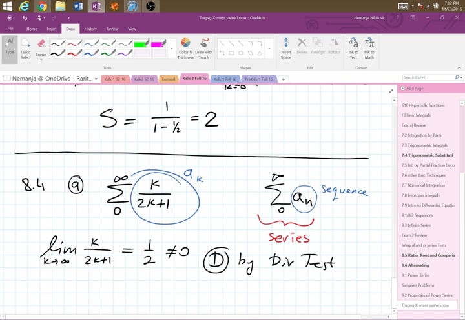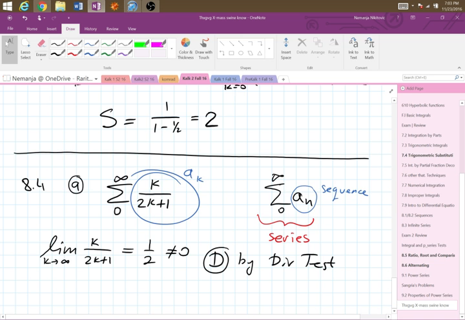So that test is to be tried first on every single series you see. You immediately look at the sequence within the series, and if it's not going to 0, the series is divergent immediately. This is the same idea as for integration when you asked, is this a basic integral?